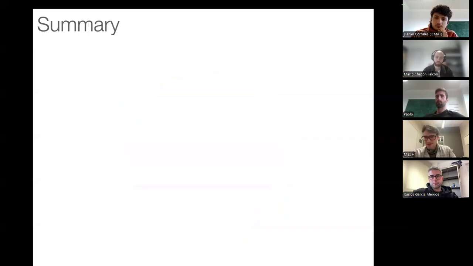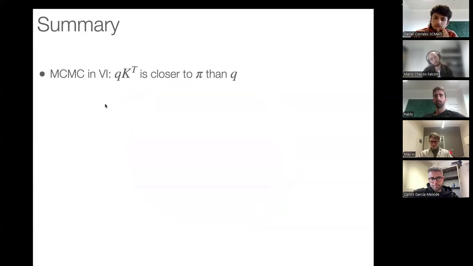Now, to summarize, if we're thinking about doing MCMC within VI, our thinking is built from the fundamental fact that if pi is an invariant distribution under the action of k, then qk transpose is closer to pi than q.